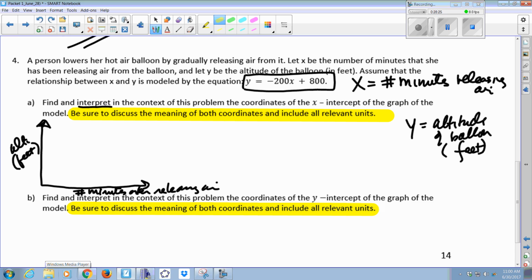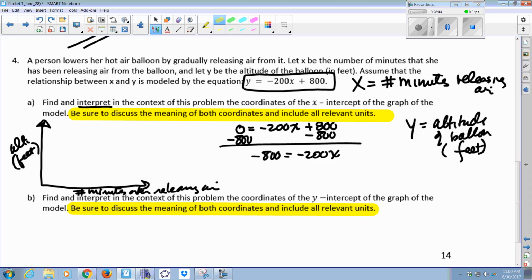Okay, so to interpret the x-intercept, let's find it. The x-intercept is where y equals 0. So I'm going to put 0 in for y, and I'm going to solve this linear equation by subtracting 800 from each side. I get negative 800 equals negative 200x. Then I divide both sides by negative 200, and x is equal to 4.